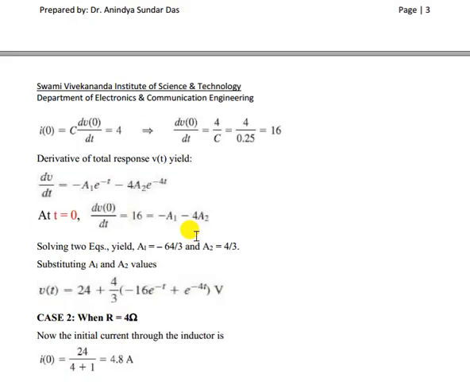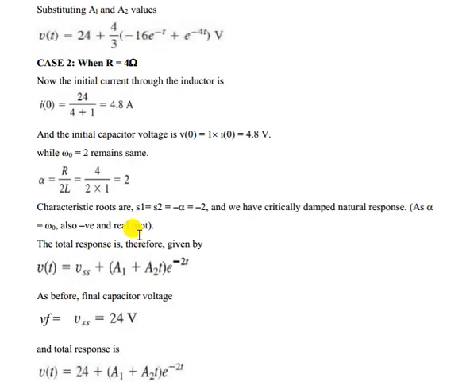Okay. So current into resistance, that we got, that is 4.8 volt. Now we can find out, and omega 0 will be the same because the LC value is not changing. Alpha is R by 2L, so you got the alpha value. Now we can see that alpha and omega 0 are the same, so the response is critically damped.